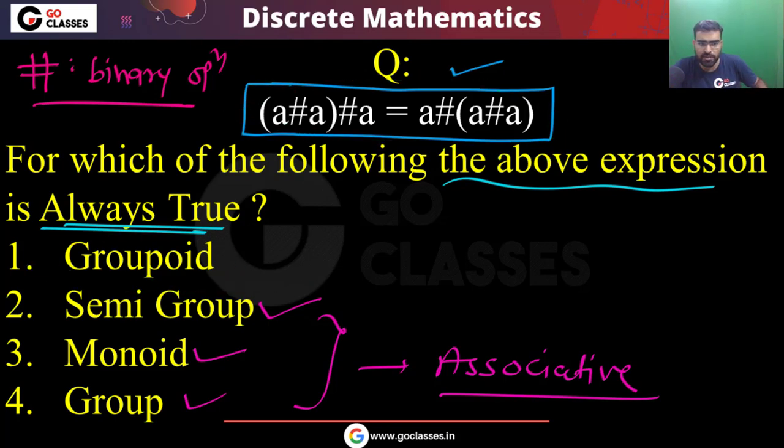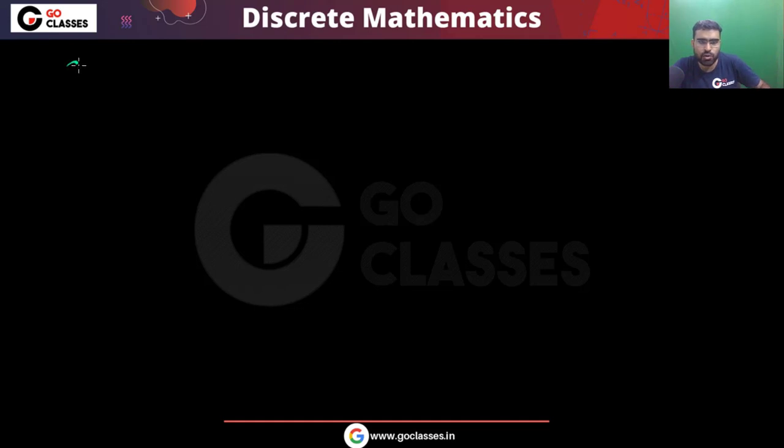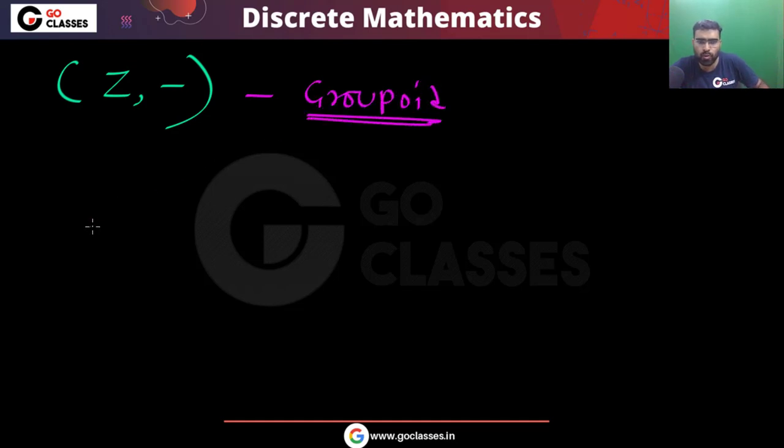For example, take the groupoid of the set of integers with subtraction. This is a groupoid because subtraction is not associative. Let's assume a is equal to 2.